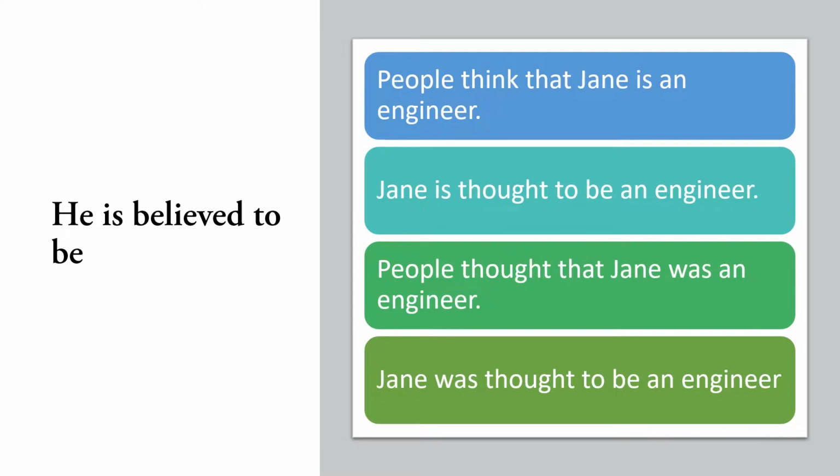Jane is thought to be an engineer. Then we move to the second example. It's in the past. People thought. So in the first, people think, but now people thought. People thought that Jane was an engineer. Jane was thought to be an engineer. We do the same process, but we change the verb to be because here people thought is in the past.